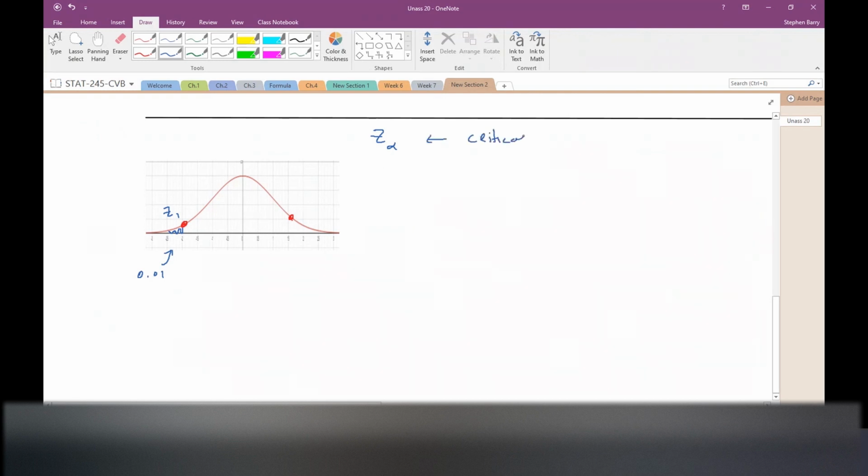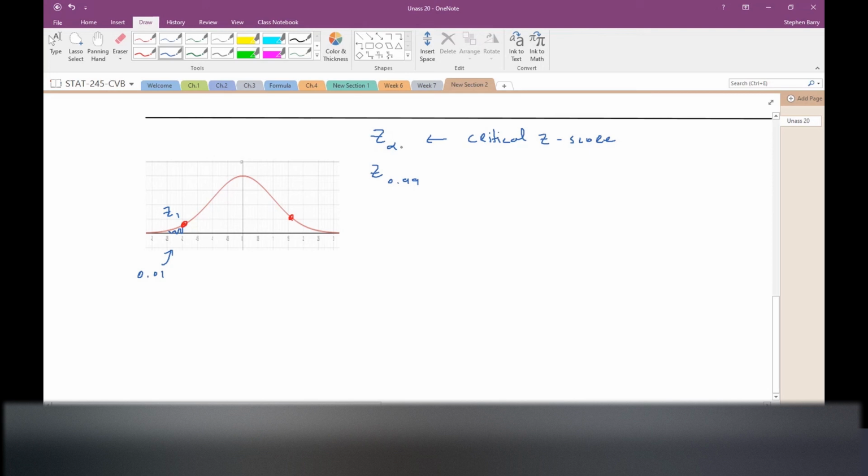You can see that in the video. If you haven't watched the video from last time, that's where I talk about it, and all the other stuff I'm doing right now. The alpha value is everything to the right, right? So if I wanted to use that notation, it'd be Z 0.99. But that's okay. We don't need to worry about that.